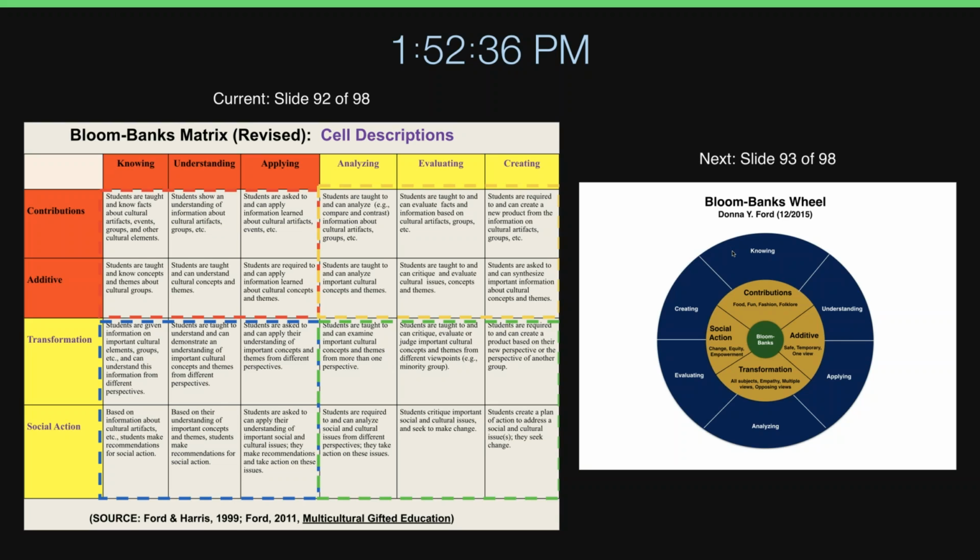So with this here, I want to give an example of, I'm going to say this could be analyzing. It could also be evaluating. Well, I'm going to use a different example.